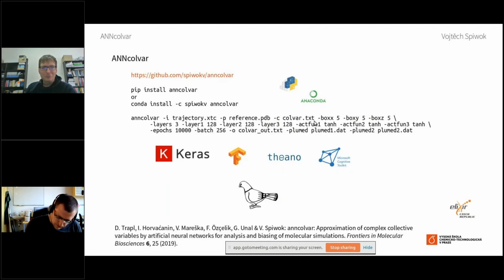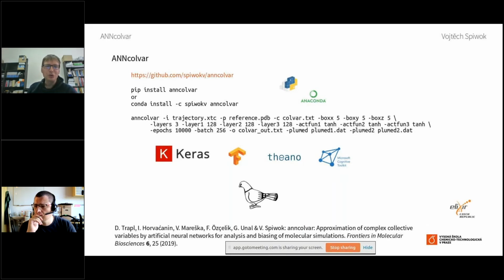So, for example, some Isomap embeddings or solvent accessible surface area or whatever you want. You have to design the neural network by specifying the number of layers, the number of neurons in each layer, and different activation functions. You can also influence some other parameters which are not listed here.